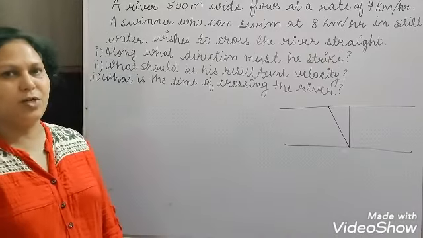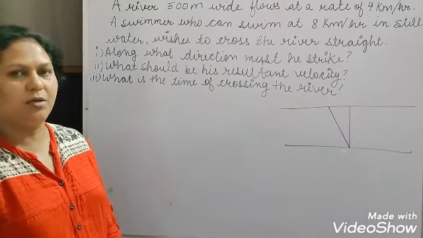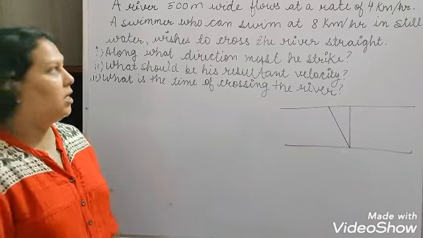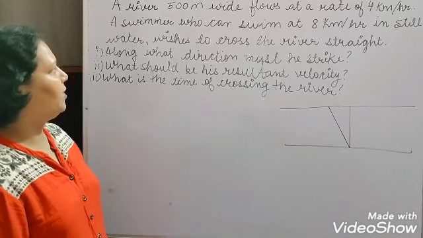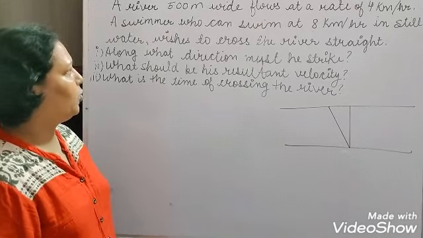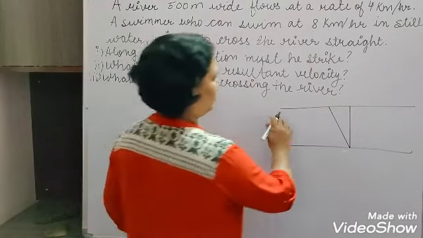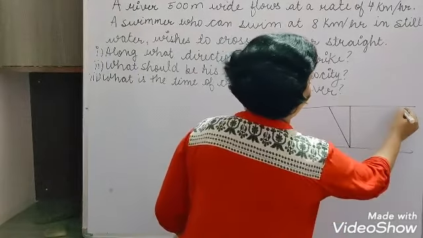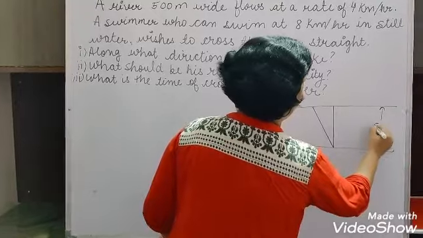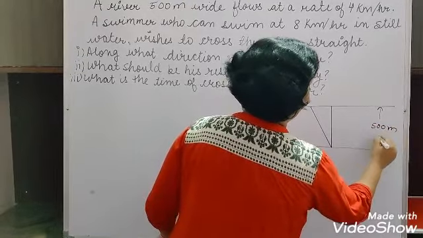We'll see an extra question here on the river and boat problem. A river 500 meter wide flows at a rate of 4 kilometer per hour. You can see that this is the river, and the width of the river is given here, 500 meter wide.